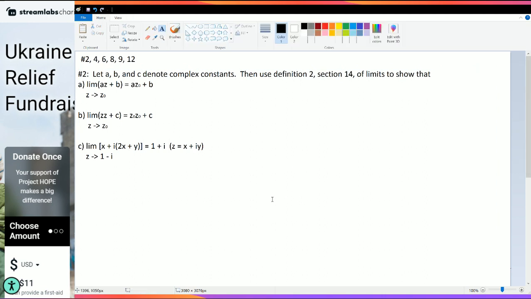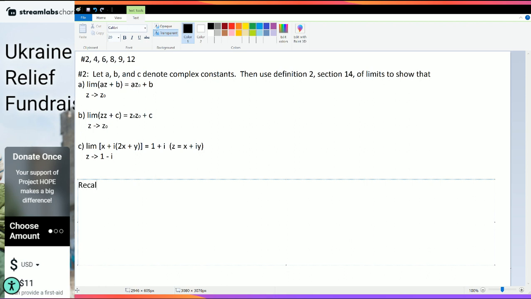So we have a statement we need to recall, which is the definition of limits from section 14. So I shall put that up on the screen. We shall recall definition 2 of section 14.